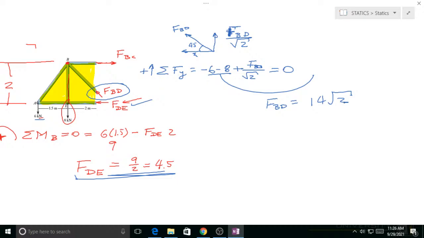Clear, 14 times the square root of 2, that's 19.8, 19 point, I don't know. Yeah, I'll just stick with that.